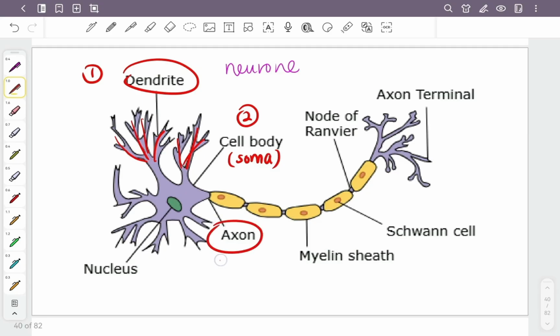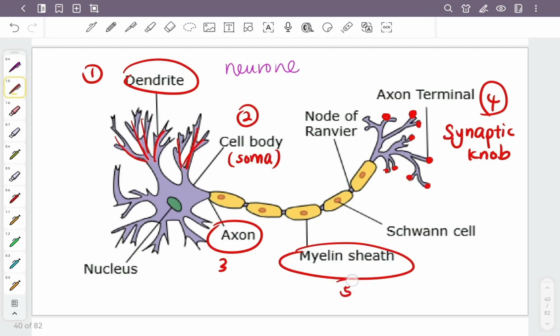Okay, so this one is the third one. Then the fourth one is known as the synaptic knot. Here it doesn't label it. Synaptic knot is the little bulging, the slightly bigger round shape near the ends, known as the synaptic knot. You need to remember the names first so that we can proceed. So this is the fourth one that you need to remember. And then myelin sheath, the fifth one. Also the nodes of Ranvier, the sixth one.